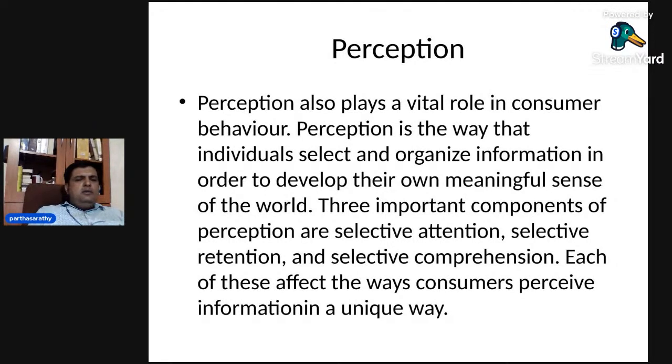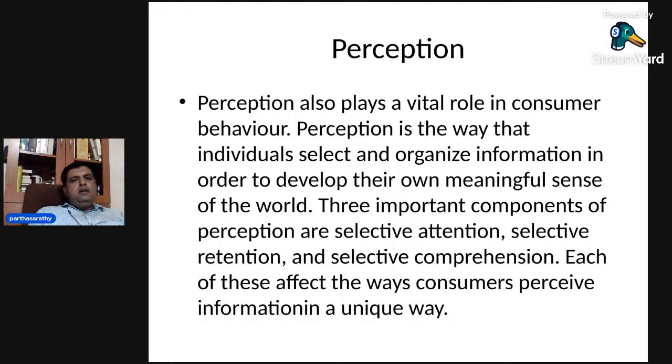If it were very simple to understand human behavior, then I think consumer behavior, psychology, all these subjects would not have evolved so greatly today. Since human behavior is so complex to understand, we have various studies into these areas. Likewise, perception is how we organize information and how we give meaning to that information.